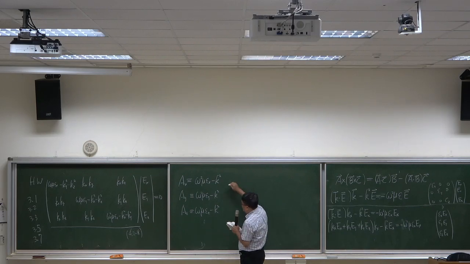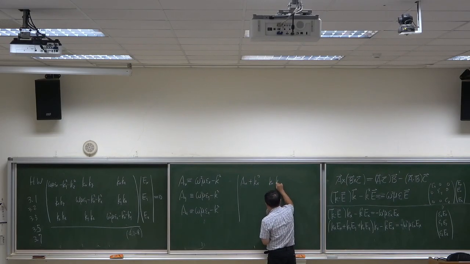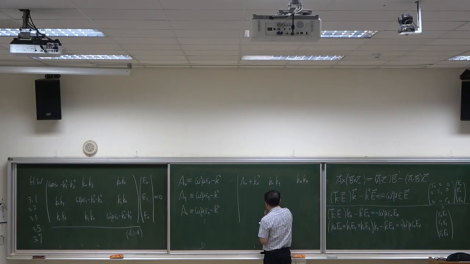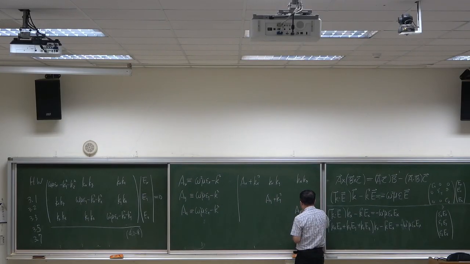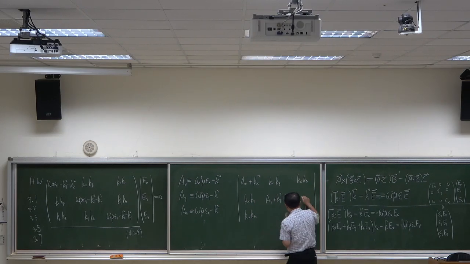Then I can write this as a matrix with rows: Ax plus kx squared, kx ky, kx kz; then ky kx, Ay plus ky squared, ky kz; then kz kx, kz ky, Az plus kz squared.